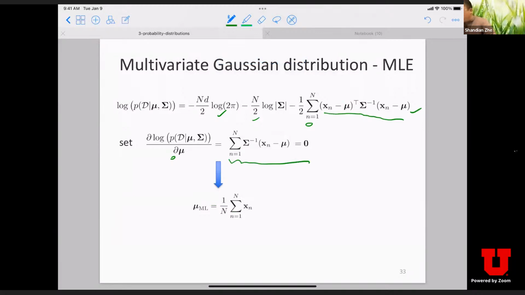I'm not going to show how we take the gradient to arrive here; I believe after homework 0, everyone is able to do that. When we solve this, we can immediately get the MLE estimate of mu, which is simply the average of all the observed examples, x1 to xn.